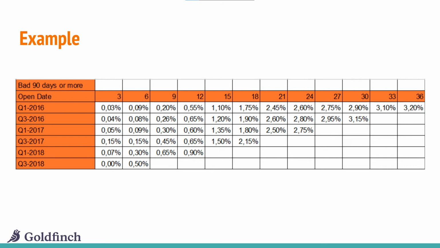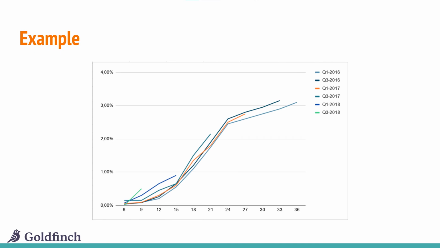Similarly, 0.65% of customers who opened an account in third quarter of 2017 were bad customers after the first year. Here is a plot of this data where you can see the growth trend of bad rates.